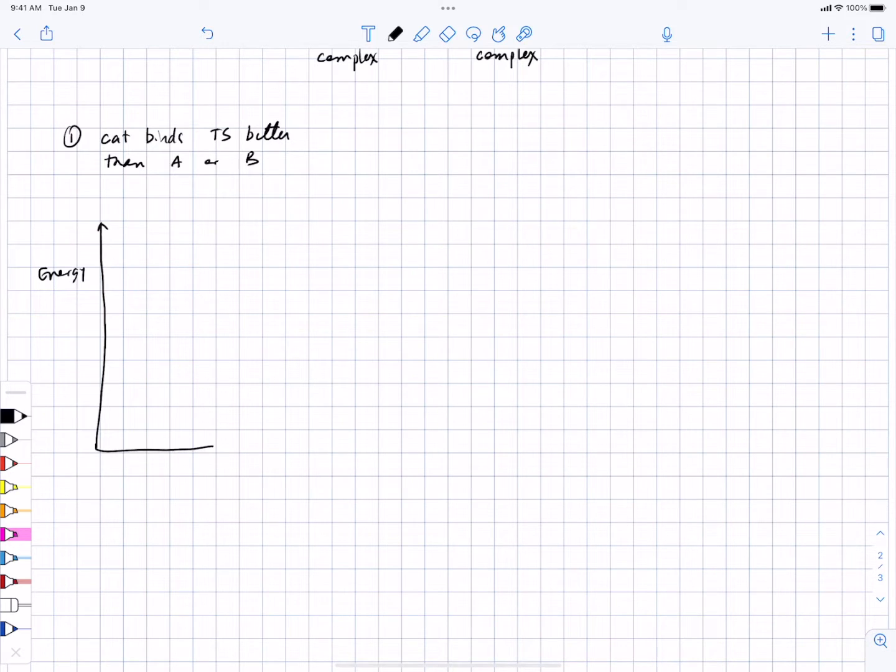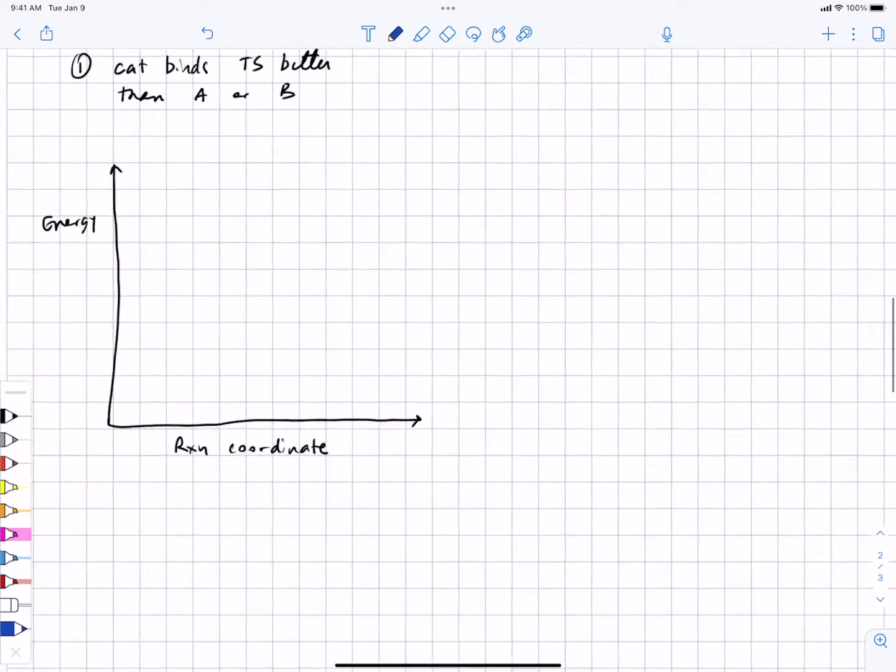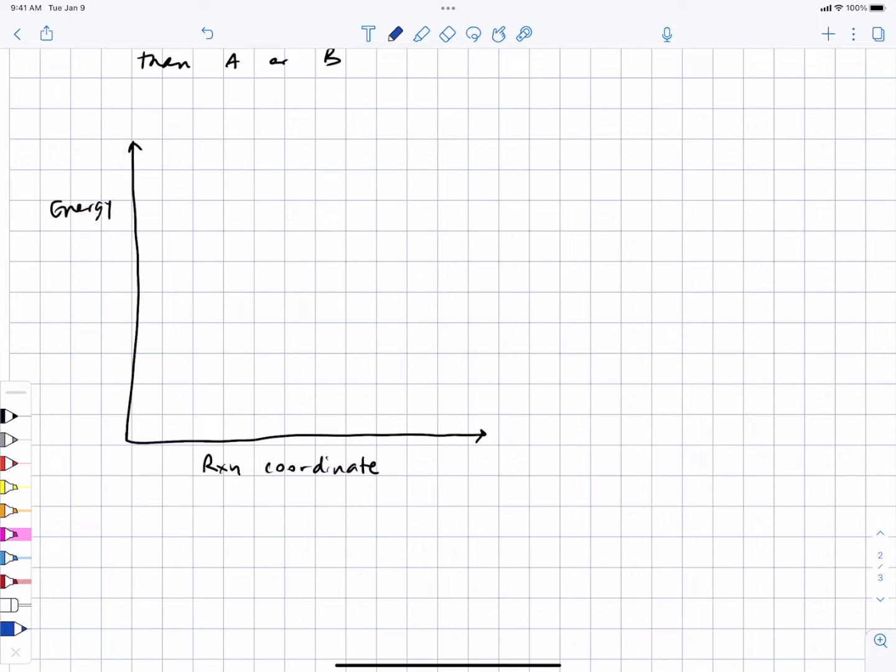And on this axis, you're going to have reaction progress or reaction coordinate, whatever you're using to measure the progress of the reaction. And let's imagine in blue is our uncatalyzed reaction. So there's our transition state and there's our product. Here you have A, here you have B, and here you have the transition state that's uncatalyzed.